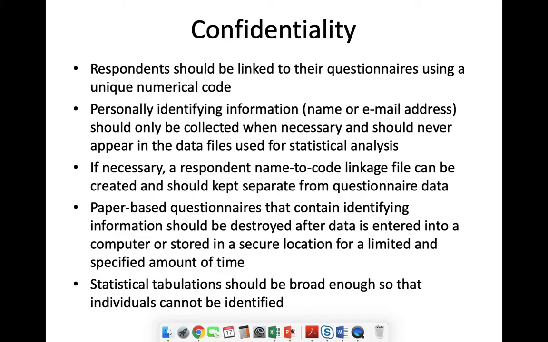Confidentiality means people might provide personally identifying information, it is just not linked to their responses. So often it's necessary to get people's personal information from them as a way to do follow-up questionnaires or to get additional responses from them. But you just don't want to link their personal information with their actual answers to questions.